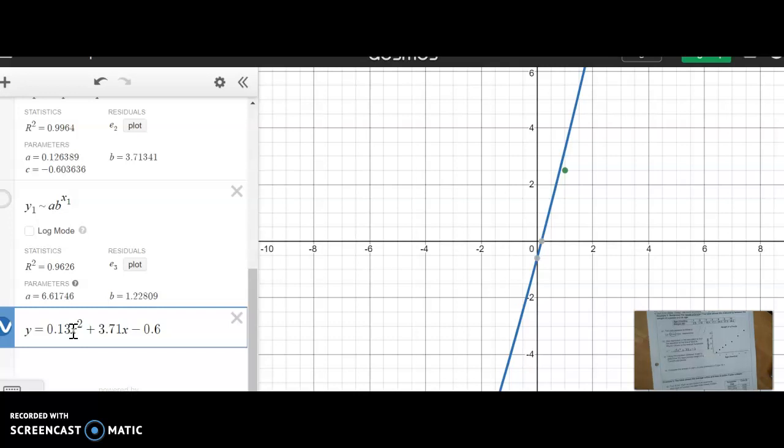And now it says use the equation to determine the approximate weight of a 7-month panda. And so I'm going to add a table.